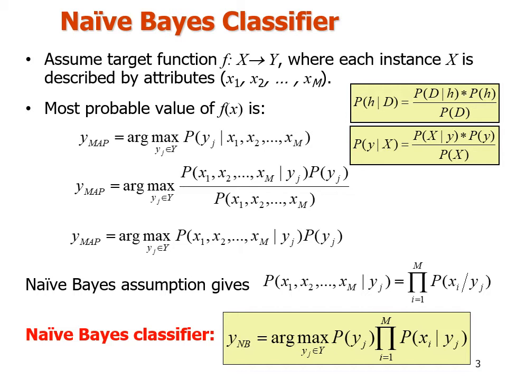Number 2, the set of these estimates corresponds to the learned hypothesis. And number 3, this hypothesis is then used to classify each new instance by applying the rule denoted as the Naive Bayes classifier.